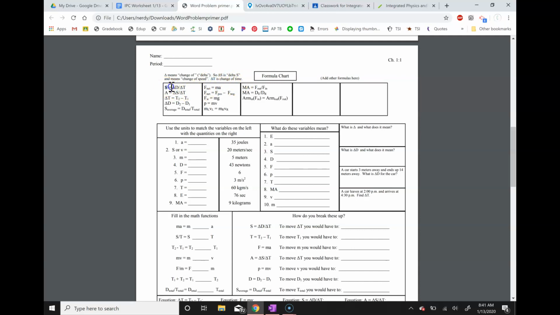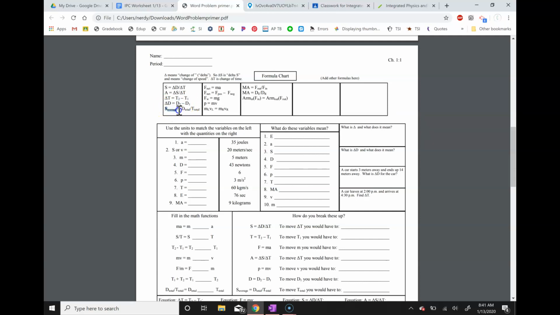Okay. We have speed right here, which is delta D divided by delta T. Acceleration, which is delta S divided by delta T. Delta T equals T2 minus T1. Delta D, which is D2 minus D1.